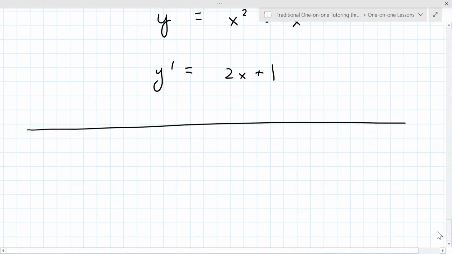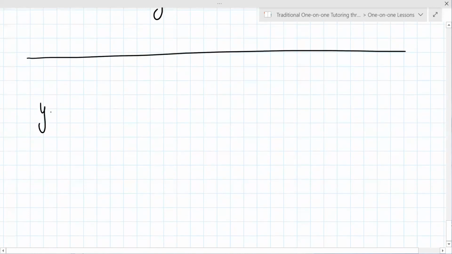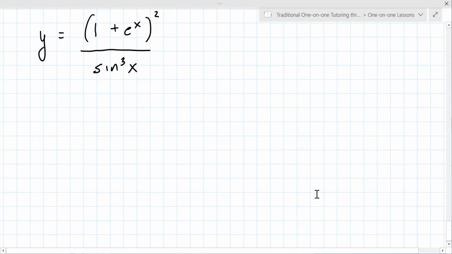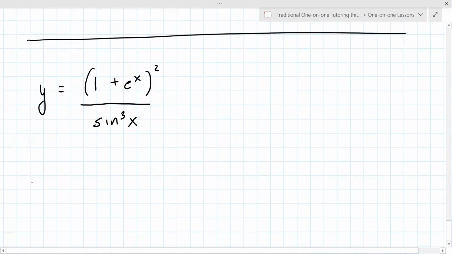Let's say I ask you to find the derivative of 1 plus e to the x squared over sine cubed x. I made this one intentionally more complicated because it has chain rule inside of it.